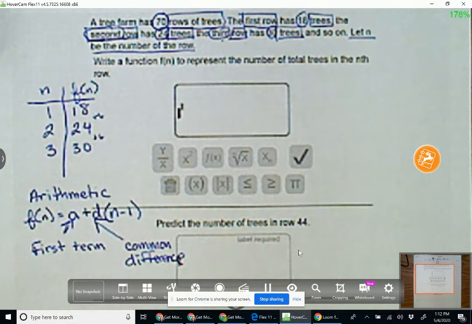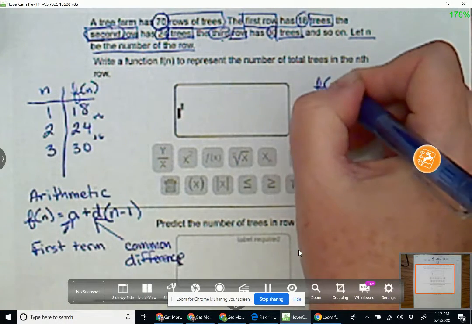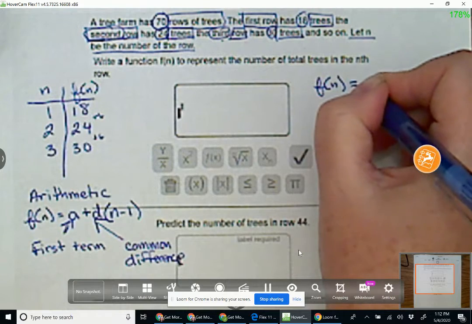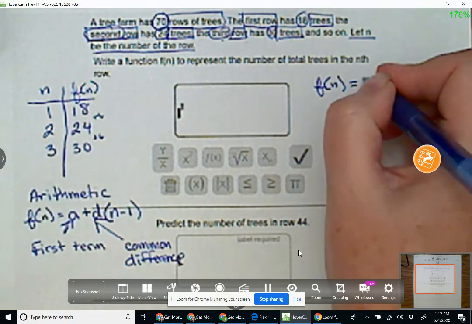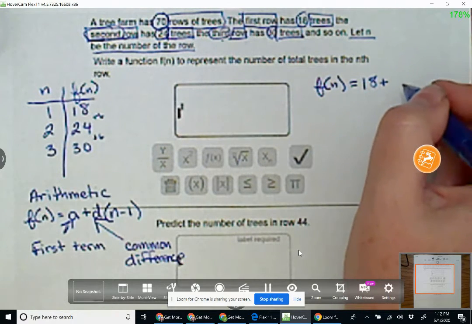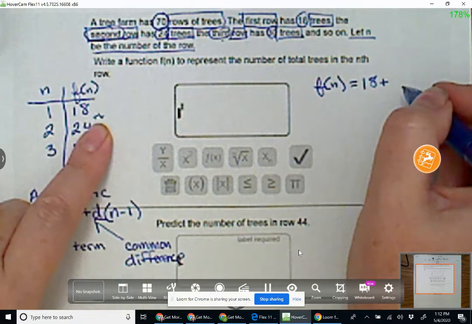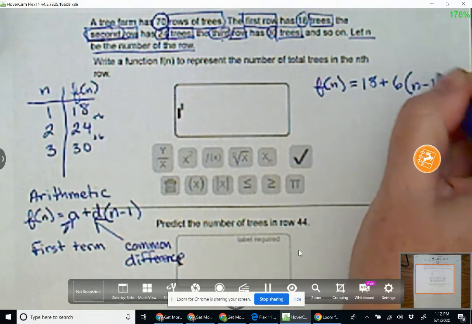Okay, so now we're going to plug those numbers in. F of n equals, my first term is 18, so plug that in, plus my common difference is 6. We're adding 6 each time, times n minus 1.